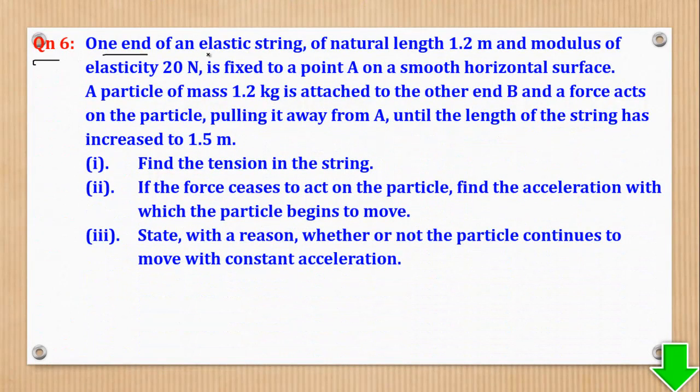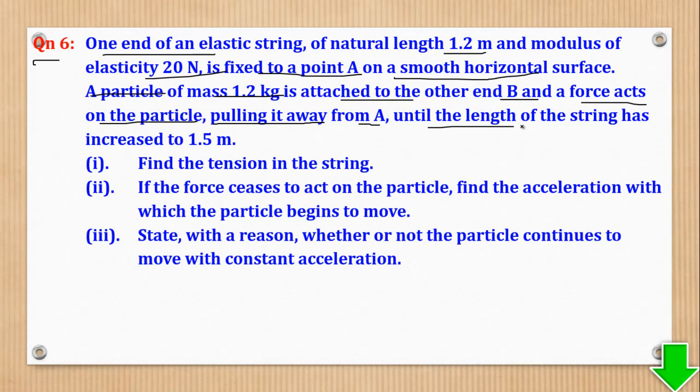Then question 6. One end of an elastic string of natural length 1.2 meters and modulus of elasticity 20 newtons is fixed to a point A on a smooth horizontal surface. A particle of mass 1.2 kilograms is attached to the other end B, and a force acts on the particle, pulling it away from A until the length of the string has increased to 1.5.